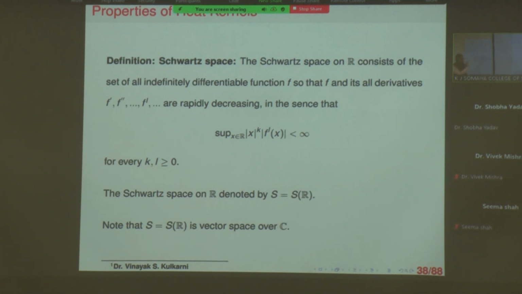So this is rapidly decreasing. So this is again a rapidly decreasing function, and therefore here I can use this concept. That is the intention behind including the Schwartz space.